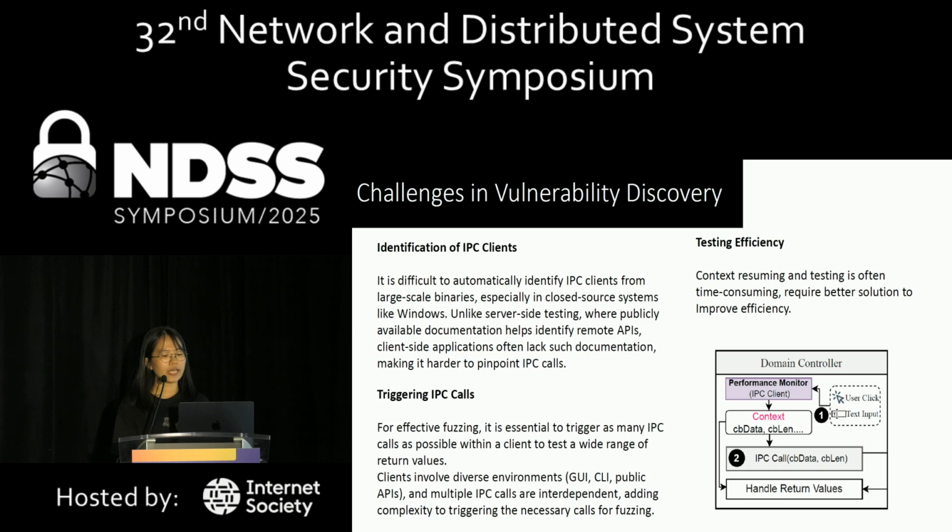Second, it's essential to trigger as many IPC calls as possible to test various return values, but clients often involve diverse environments, and it's challenging to prepare the correct context for testing. And third, context resuming can be resource-intensive and slow, which makes testing efficiency another problem.